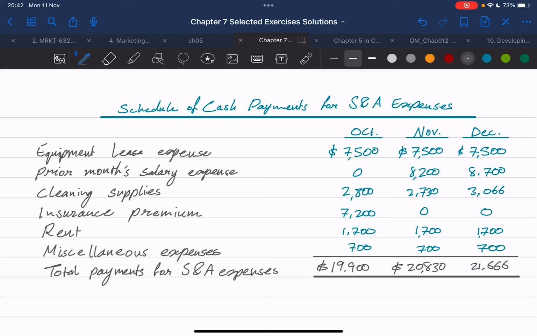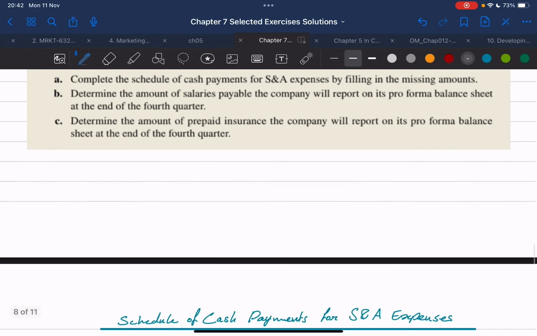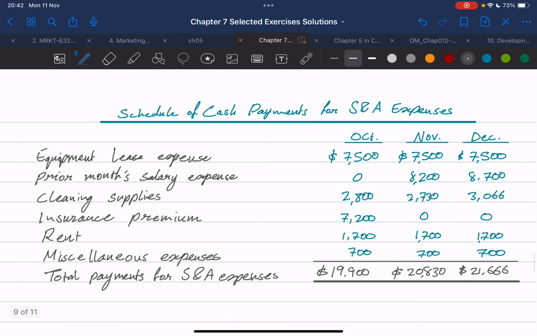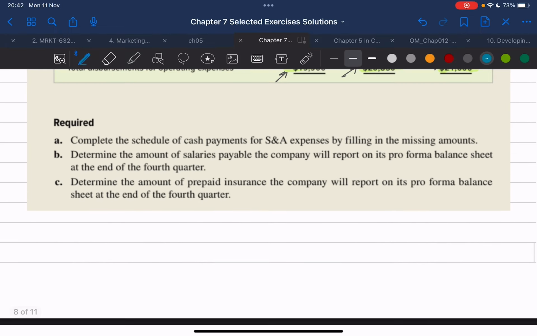Again, I'll go back and double check. 21,666. I got the correct total, so that's the answer to part A completed. Okay. We still have two more requirements in the question.